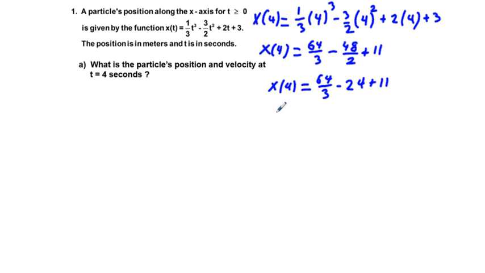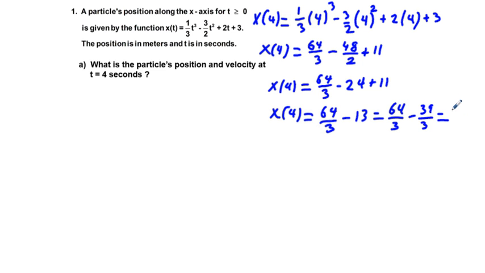So x of 4 equals 64 over 3, and negative 24 plus 11 is minus 13. So that's 64 thirds minus, let's see, 13 is 39 thirds.